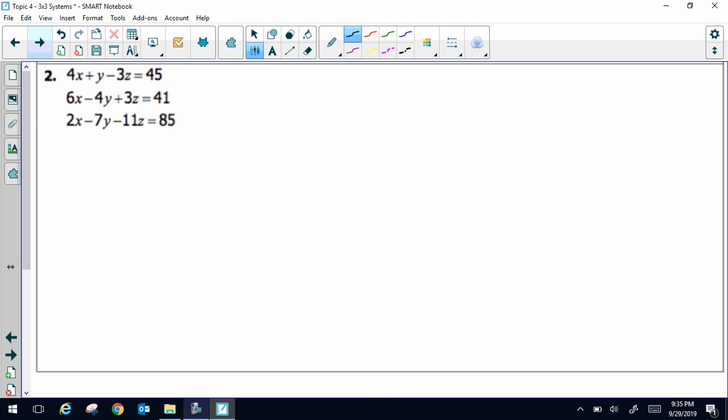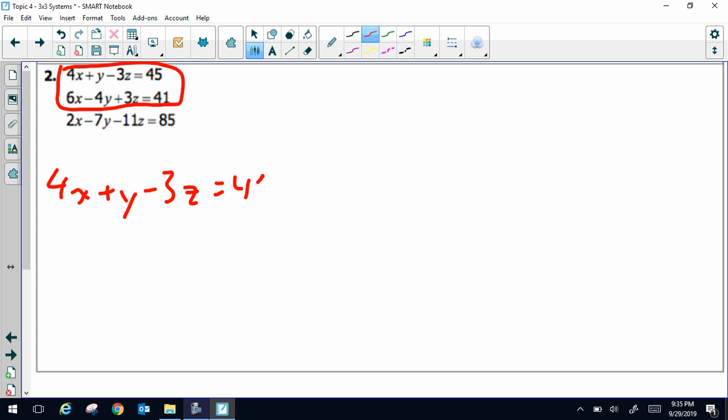Same idea for the next one. Take the top two equations. Again, you're going to multiply through the 6, bring it up, make it negative, bring the 4 down, keep it positive.